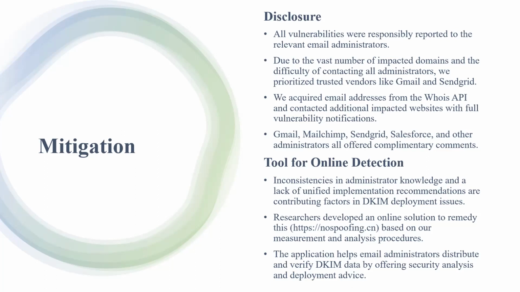Due to the vast number of impacted domains and the difficulty of contacting all administrators, the researchers prioritized trusted vendors like Gmail and SendGrid. Researchers acquired email addresses from the WHOIS API and contacted additional impacted websites with full vulnerability notifications, and popular email providers like Gmail, MailChimp, SendGrid, Salesforce, and other administrators all offered complimentary tools for online detection.